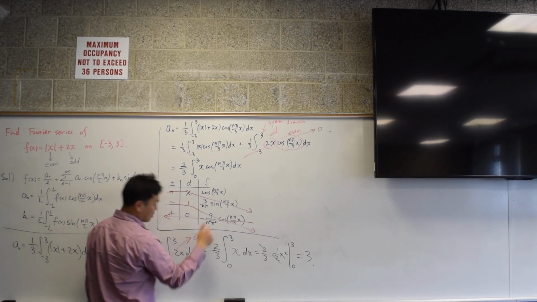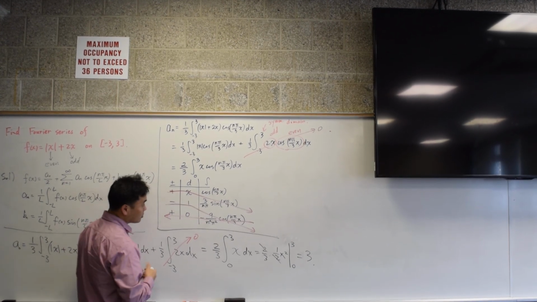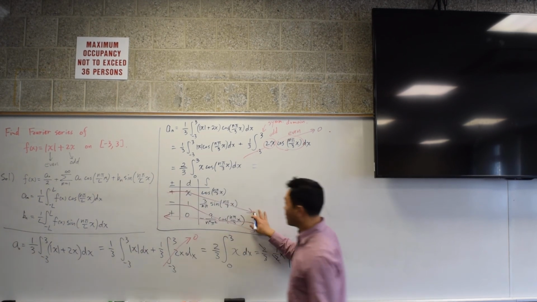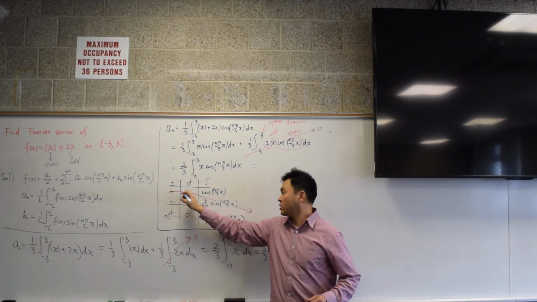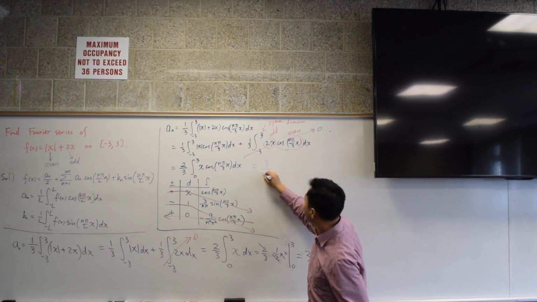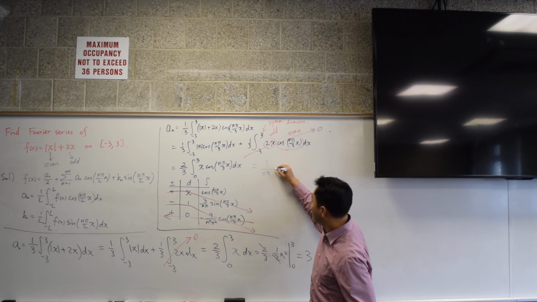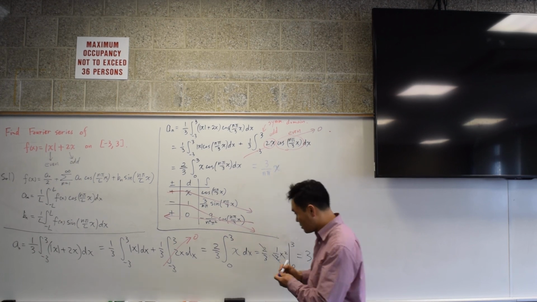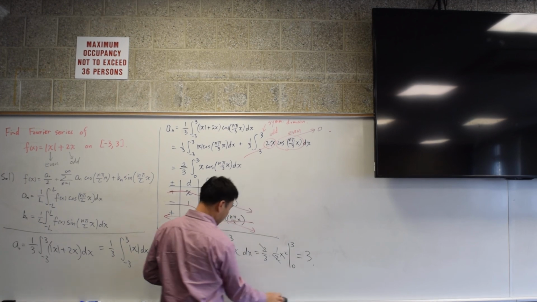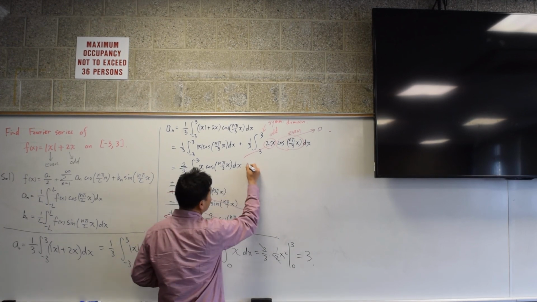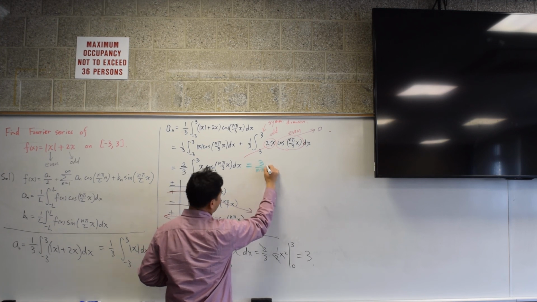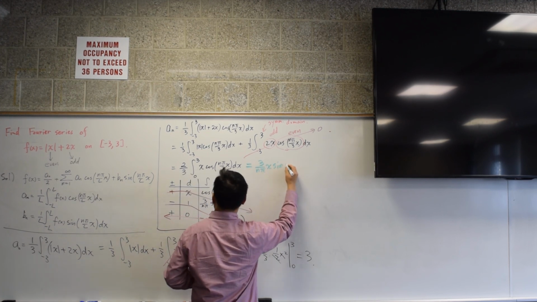Let's see, well, let's write down the result here. If I multiply positive x times this, you get 3 over n pi x sine.